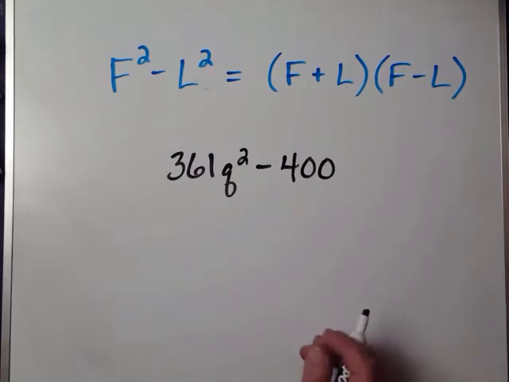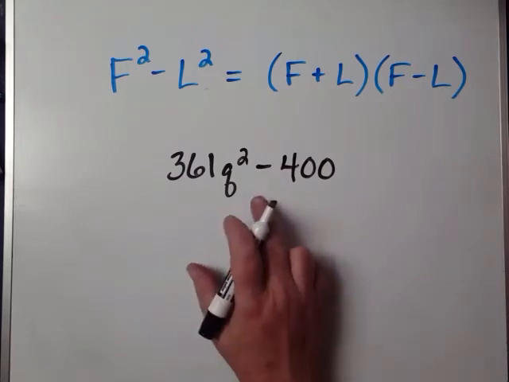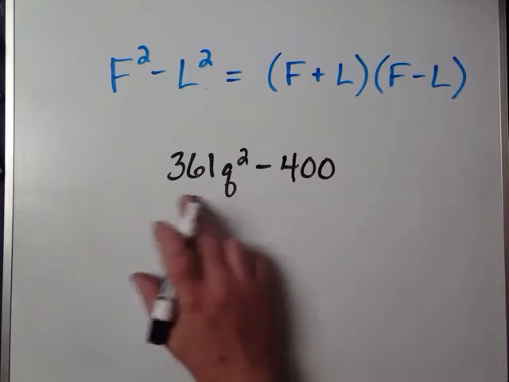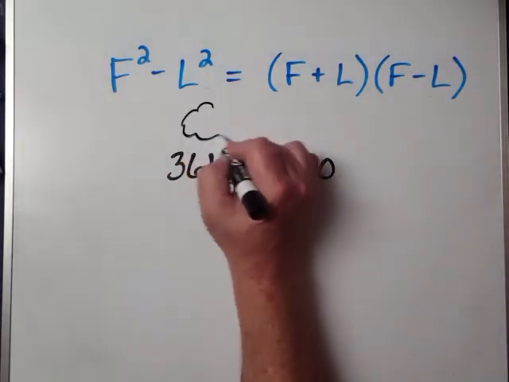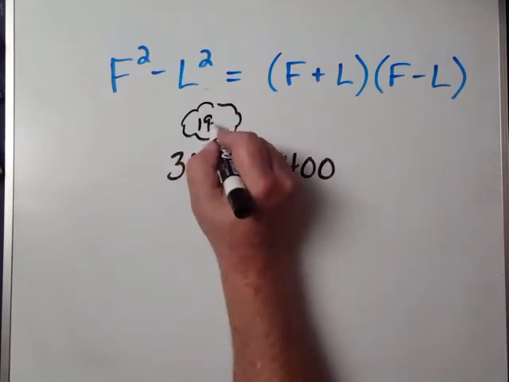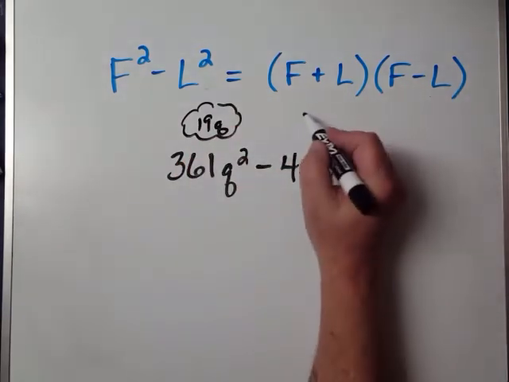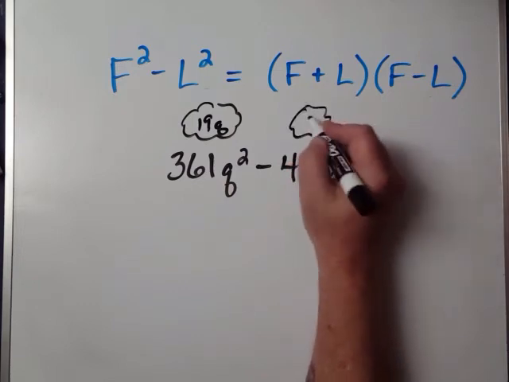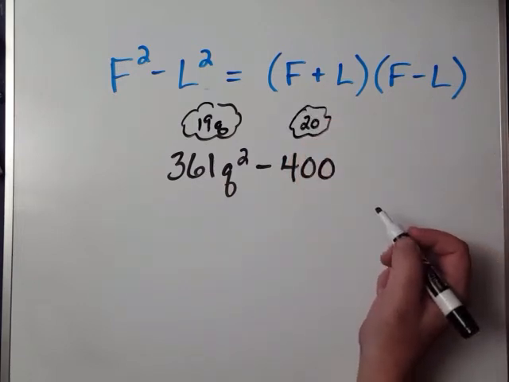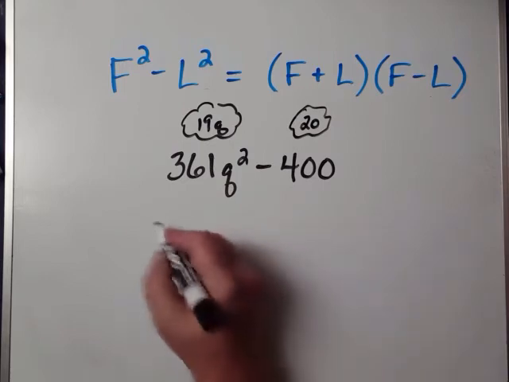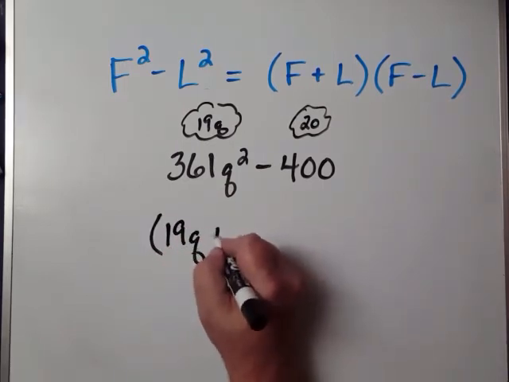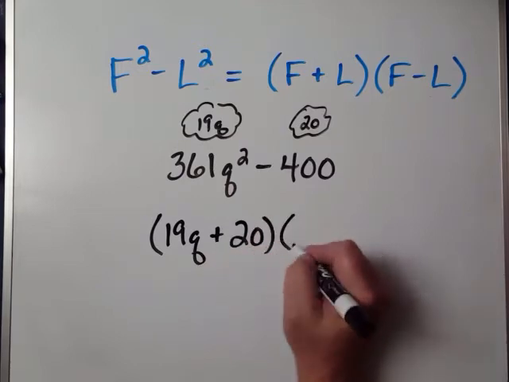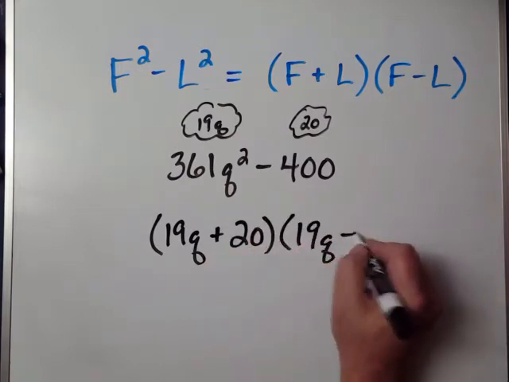Either way, we need to get them memorized, and either way, we need to recognize that this is a difference of squares. 361 is the square of 19, so this first term is the square of 19q. And 400 is the square of 20. So this is a difference of squares, and it will factor as the first plus the last times the first minus the last.